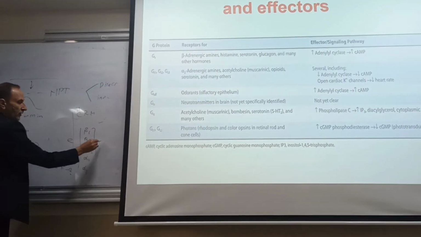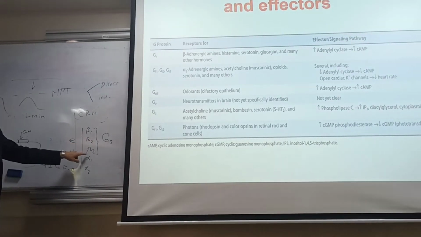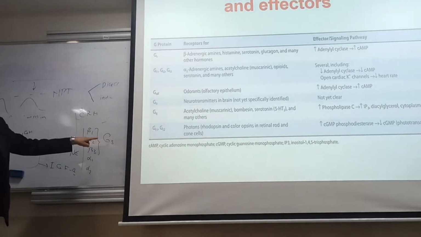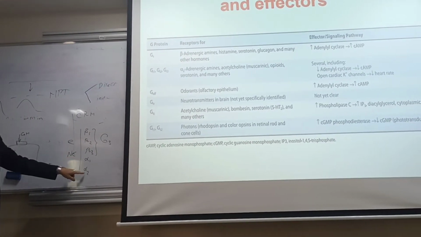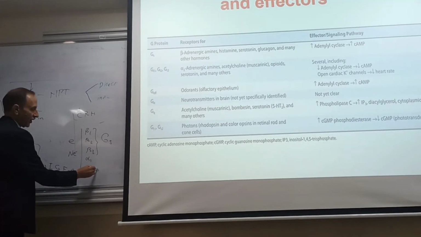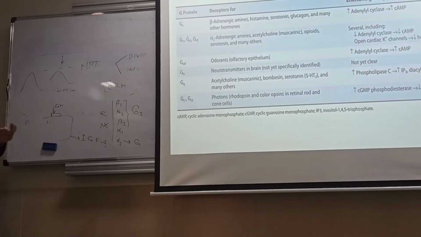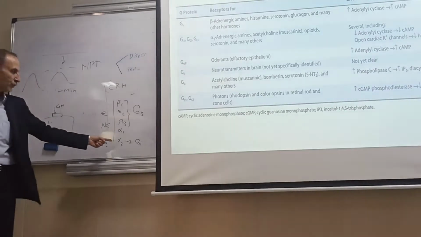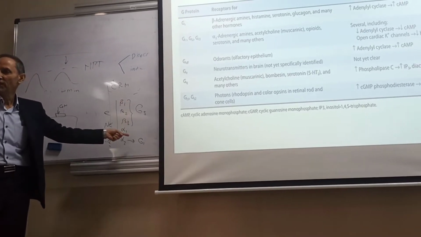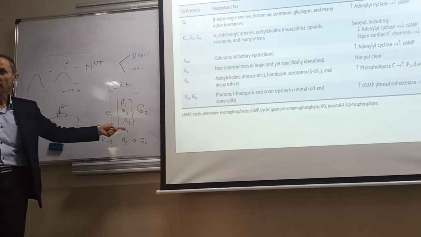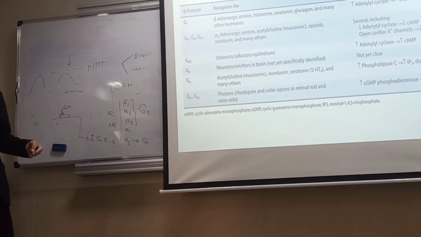All beta receptors are coupled with Gs. It means that each of these receptors can stimulate adenylyl cyclase and increase cAMP. Alpha-2 receptors are coupled with Gi. So, epinephrine or norepinephrine is the same, but in one tissue it decreases the amount of cAMP, while in other tissues it increases the amount of cAMP. It depends on the type of G proteins, whether we have Gs or Gi.